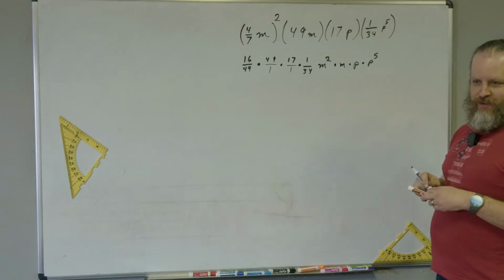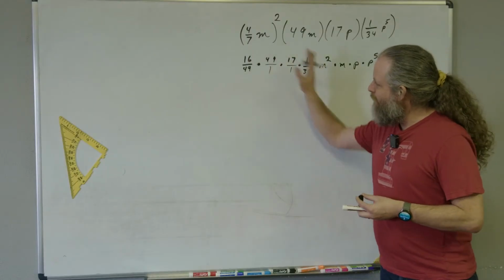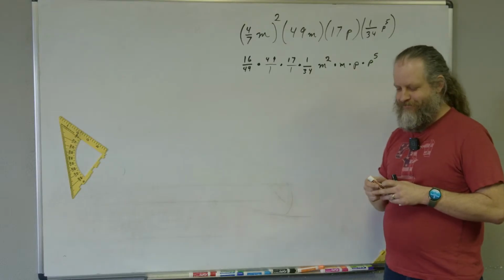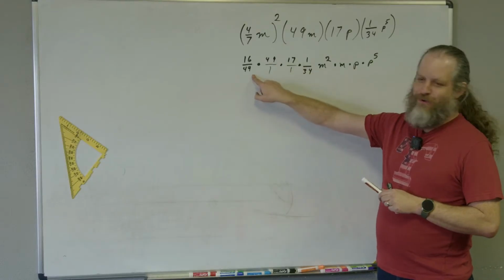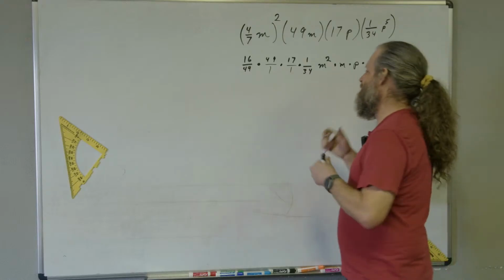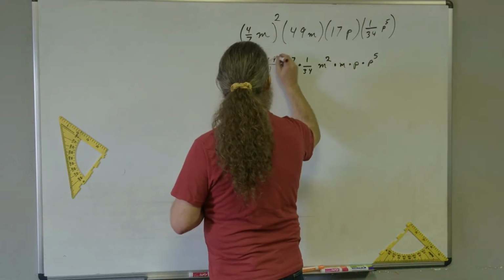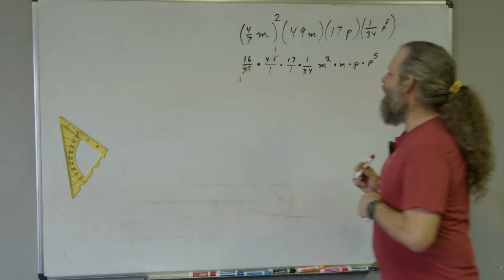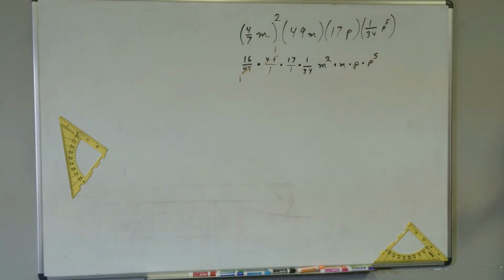Can we pre-reduce anything with this long string of multiplication? How about the 49 and the 49? You didn't have to. But I don't guess we're too mad about it. All right, can I do any more reducing? The answer is definitely yes.